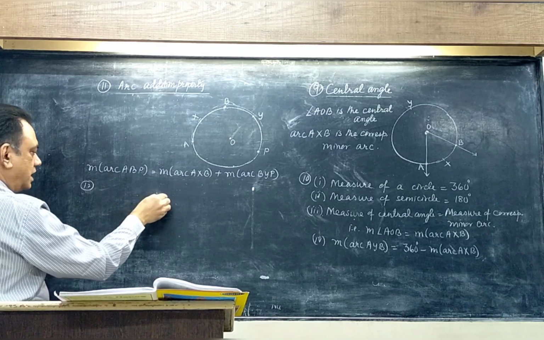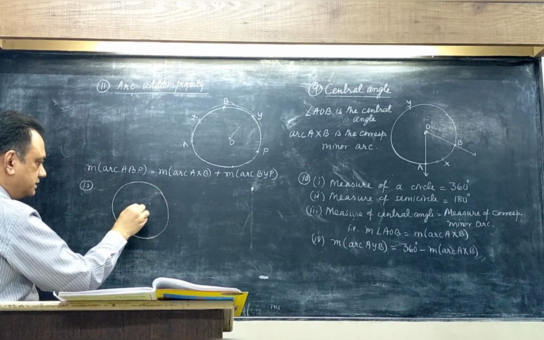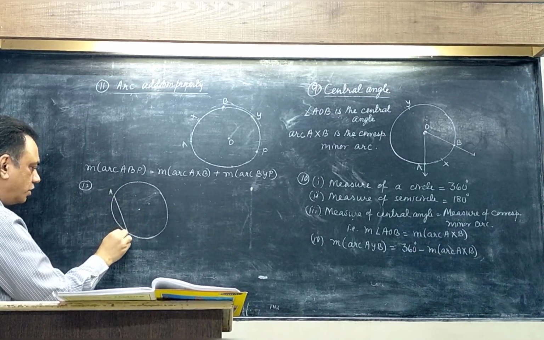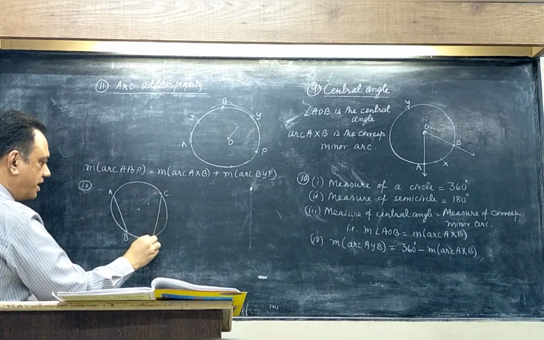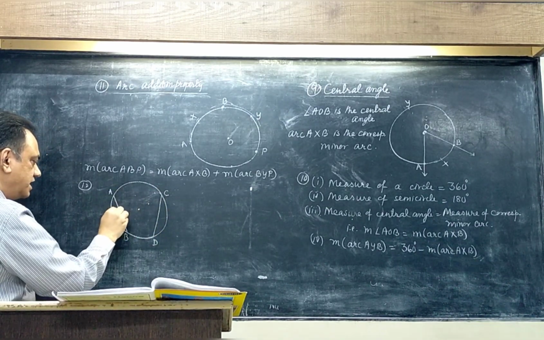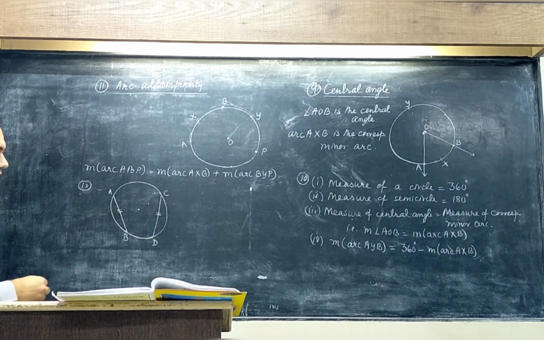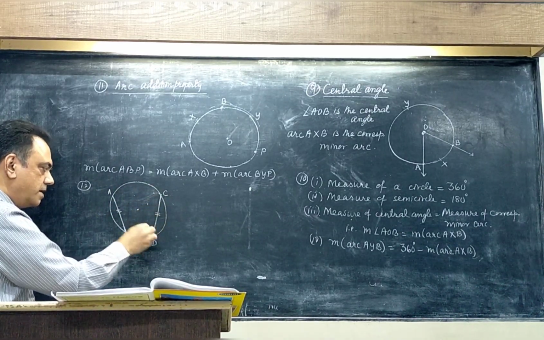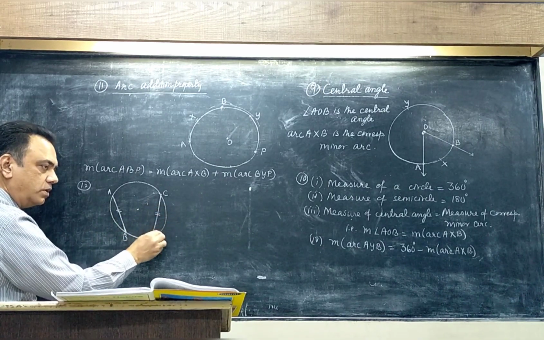12th one. If this is one circle with center O, and these two chords of the circle are congruent, chord AB and chord CD are congruent. I am telling you the chords are congruent. If the chords are congruent, then the corresponding arcs are also congruent.